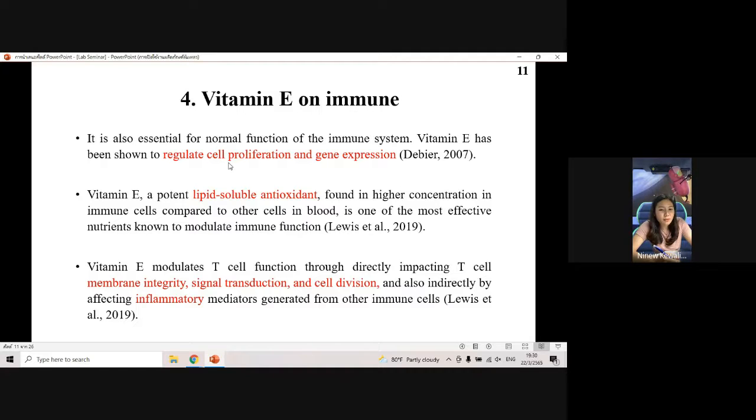It can enhance the cell, it can protect the cell, and it can have longevity. I'm not sure about this word. It means it can have a longer life.